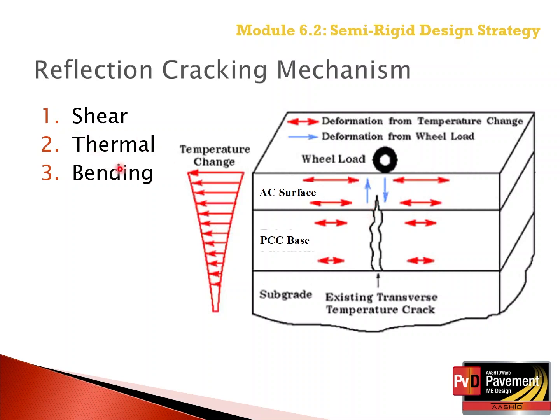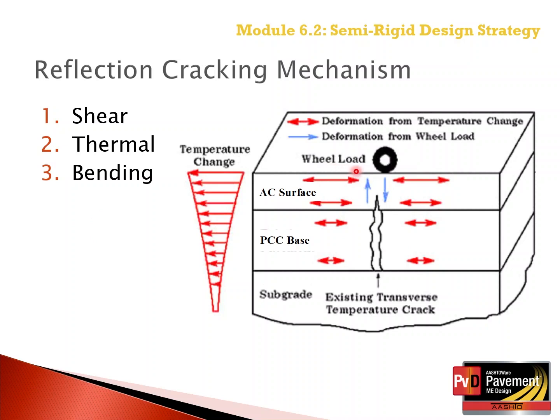The thermal mode is simply due to thermal cycling, where the chemically stabilized base layer is opening and closing depending upon the magnitude of the thermal cycles, and that is a tensile-related strain or deformation that also tends to drive the crack tip toward the surface. The last one is the bending.